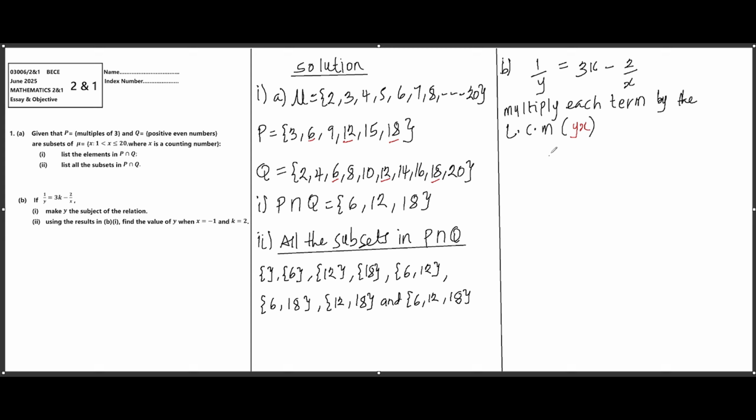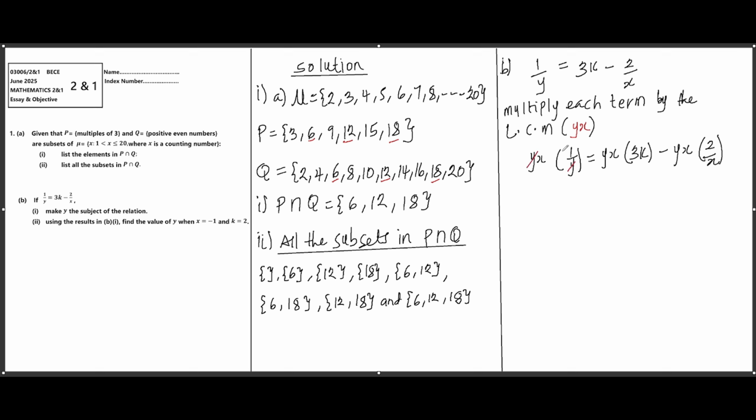So we are going to multiply each term by the LCM. So we have yx multiplying the first term, which is 1 on y. This must be equal to yx multiplying the second term, 3k, then minus yx multiplying 2 on x. Now let's see that y and y can cancel out.